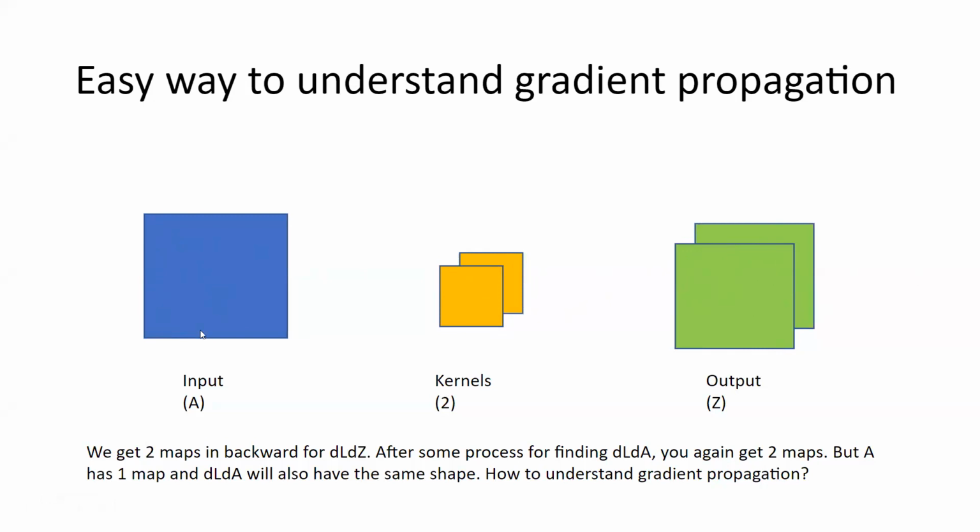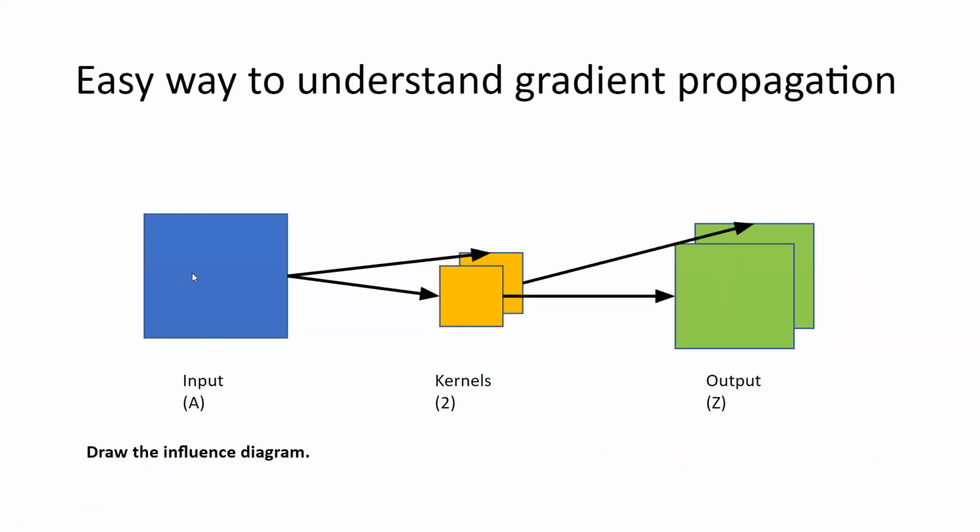So what happens is we try to draw the influence diagram. Basically, the kernel and the input give us the output. For, let's say, position i, j in the input, both the kernels act on that input and give different values in different output maps.